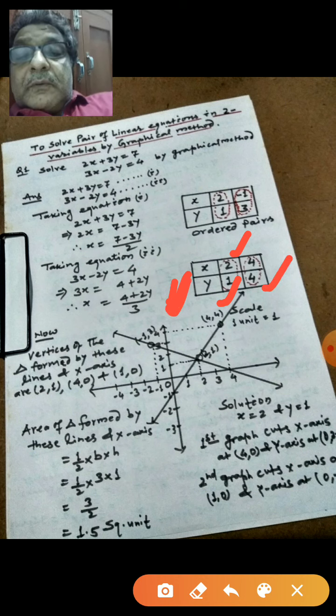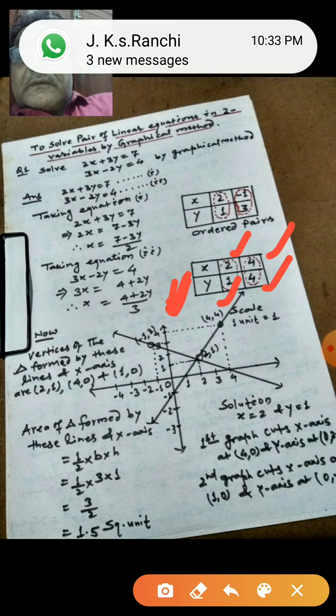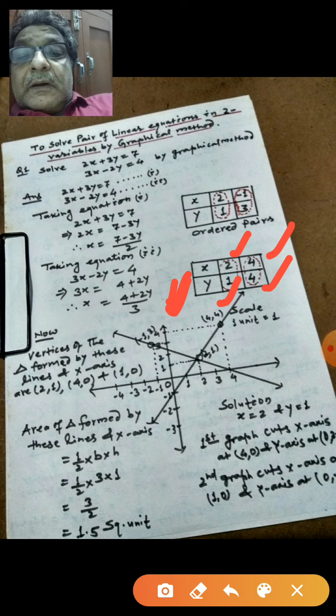So we put y equal to 4, and this results in x equal to 4. This is another pair. So for the second equation, the ordered pairs are first 2 comma 1 and second 4 comma 4.